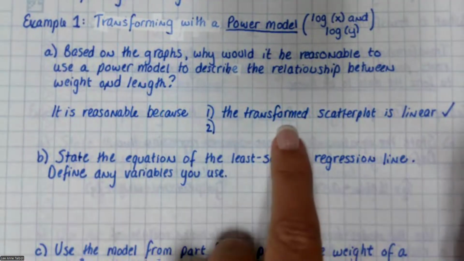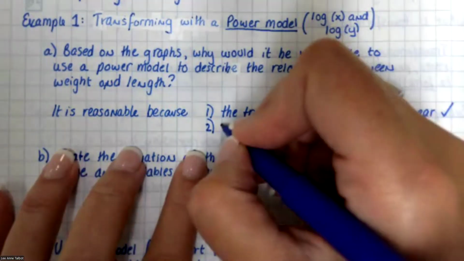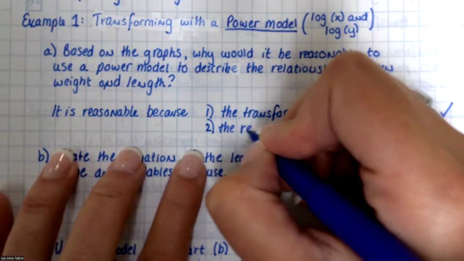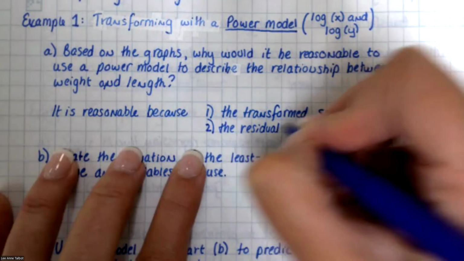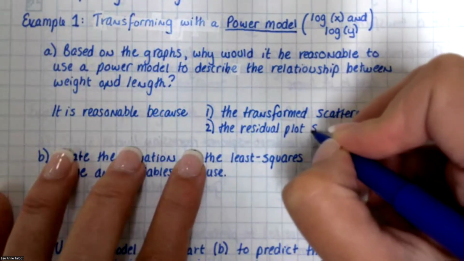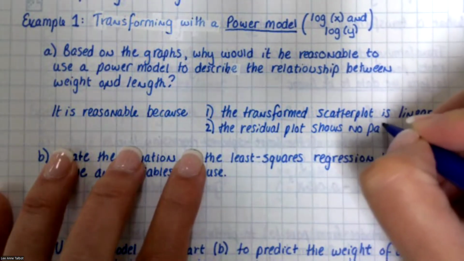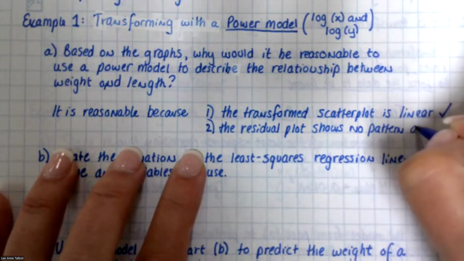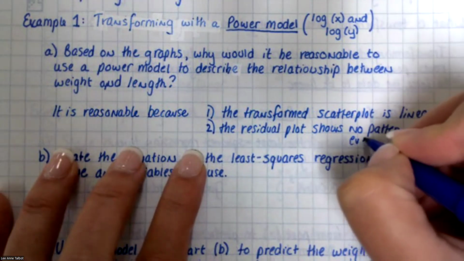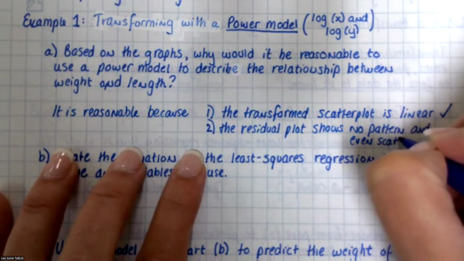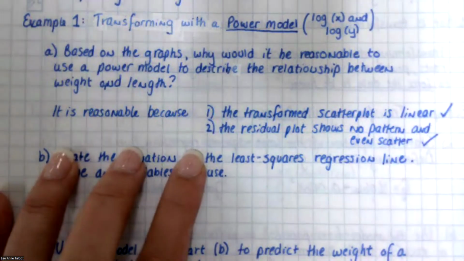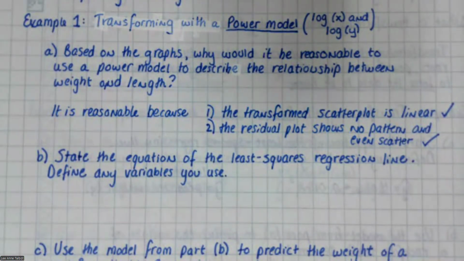You only need one of the two of these, but we have both. The residual plot shows no pattern and even scatter, which means that the form is linear.